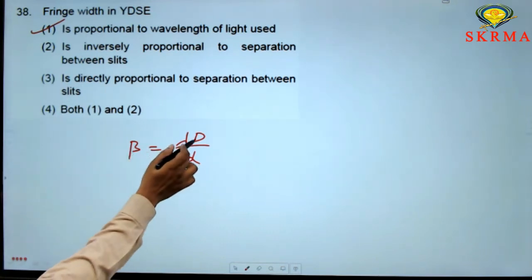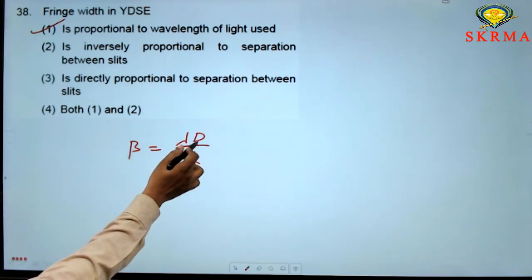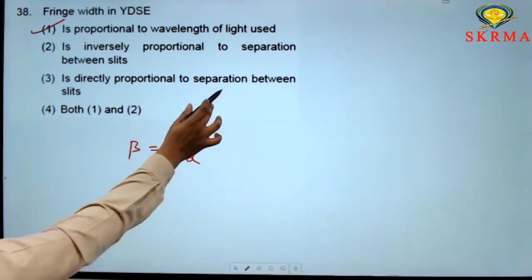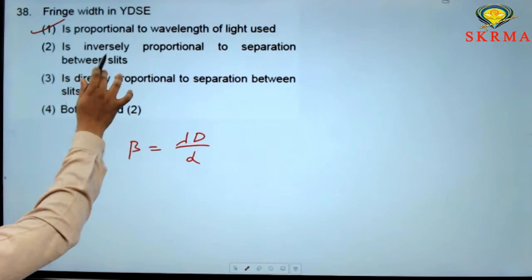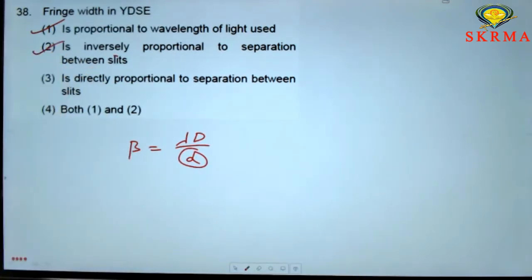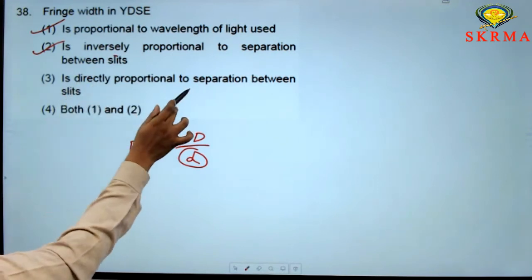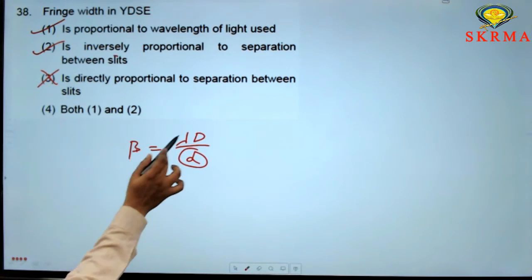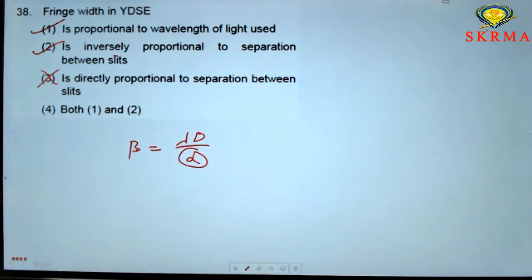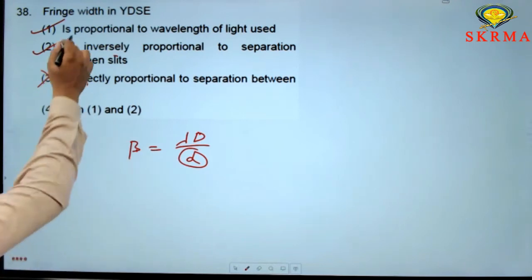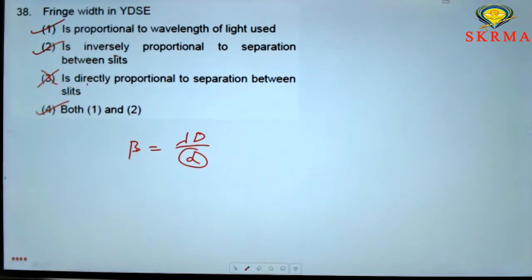Next, beta is directly proportional to the distance D, and inversely proportional to the separation between the slits. So that is correct. Next, directly proportional to the separation between the slits is the wrong option. Directly proportional to capital D, the distance between slit and screen, is correct. So 1 and 2 are correct. So the fourth option is the correct one.